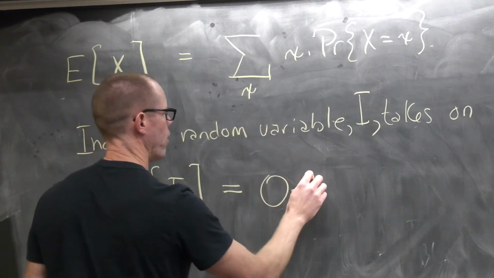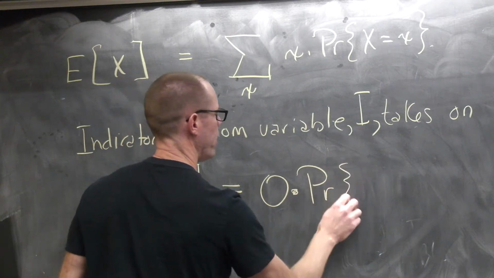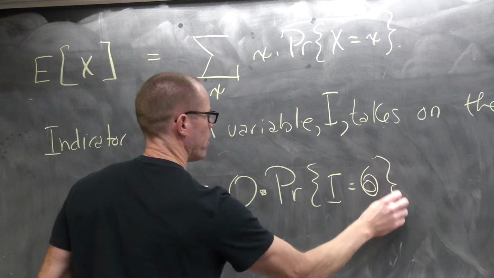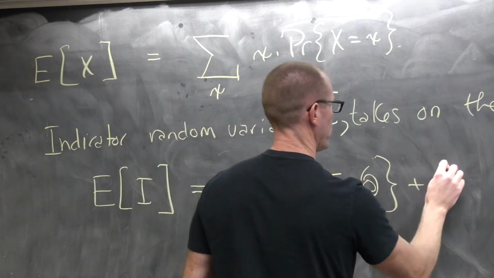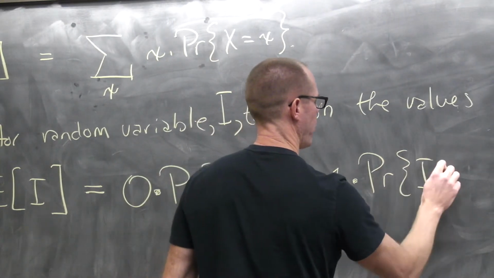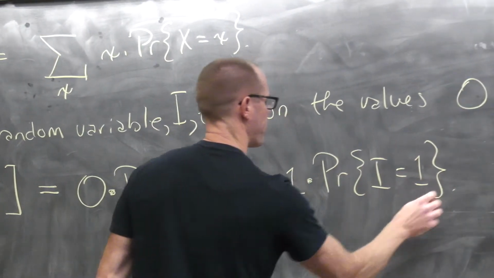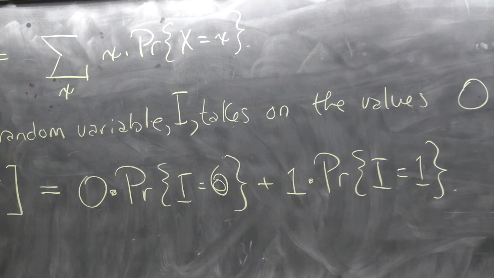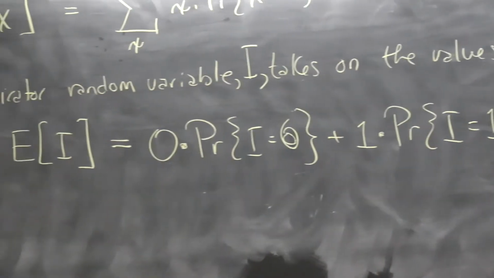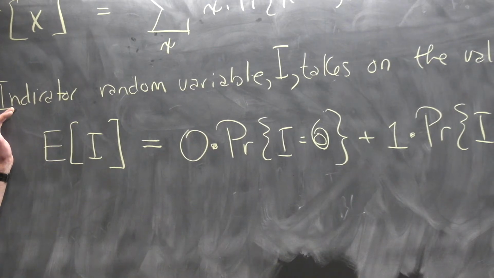One of them is 0 times the probability that I equals 0. And the other one is 1 times the probability that I equals 1. Okay. That's just this definition here in the very simple case of random variables, which only take on two different values. Can we simplify this a little bit more? There's two terms in this thing. Can we bring it down to 1?